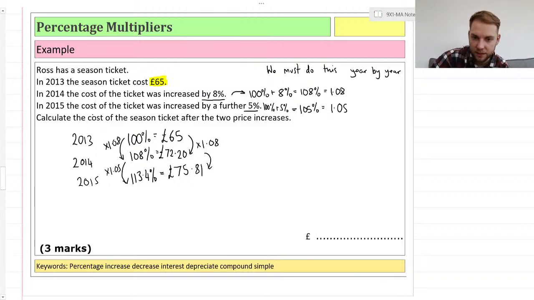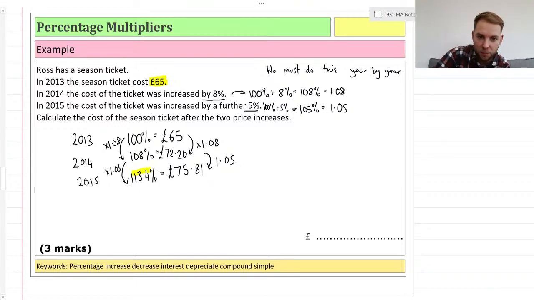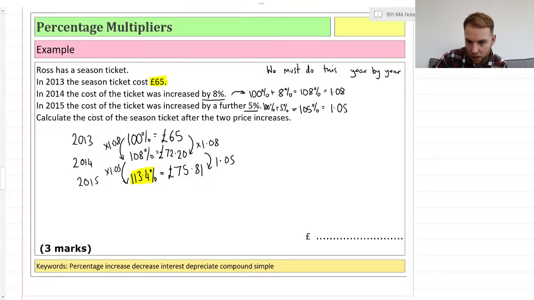And that was an increase of 5%. So you can see why we can't just add them together, because actually it's more than an increase of 13%. And that's our final answer. So calculate the cost of the ticket after the two price increases. Well, we've just worked that out, which is £75.81.